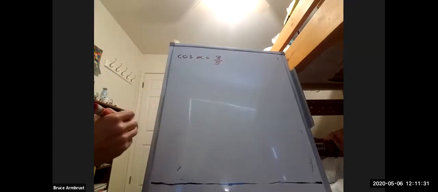Okay? I'm going to tell you this, that the cosine of alpha is equal to 3/5. And I'll even tell you that alpha's in quadrant 1. So we know exactly where it is, and we know exactly how big cosine is.